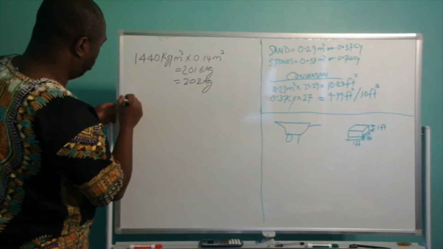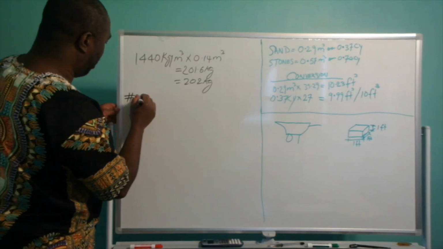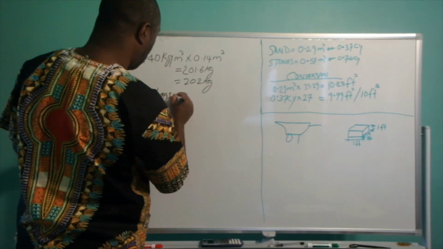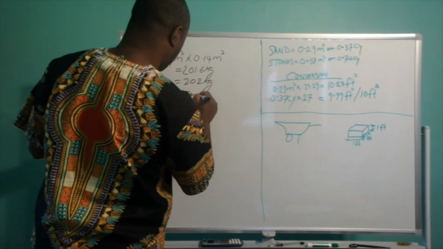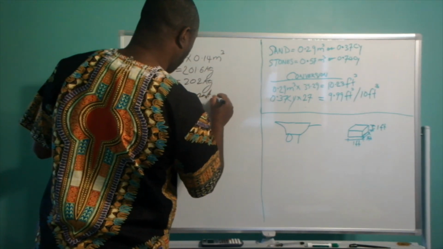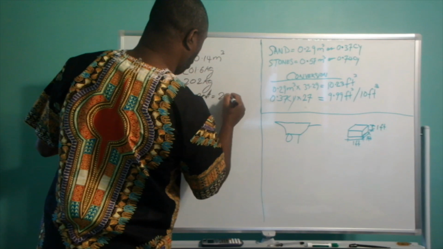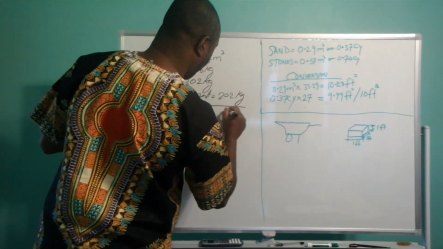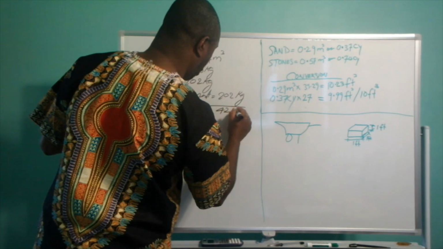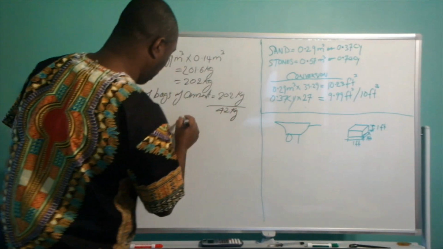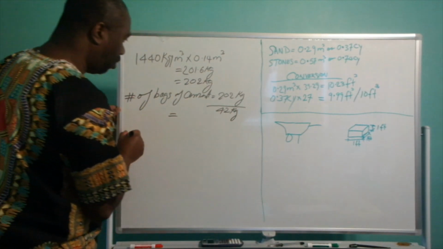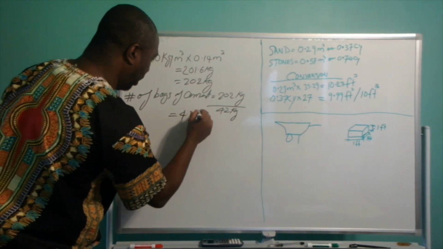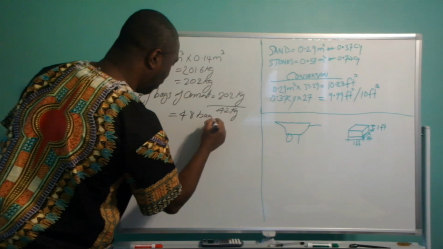So to arrive at the number of bags of cement, it is 202 kilograms divided by 42 kilograms, and the ratio of that works out to be 4.8 bags.